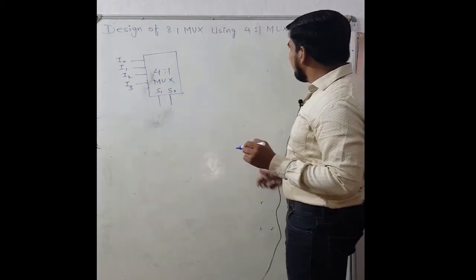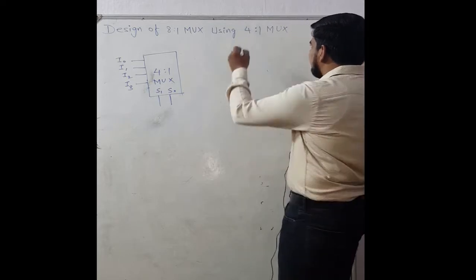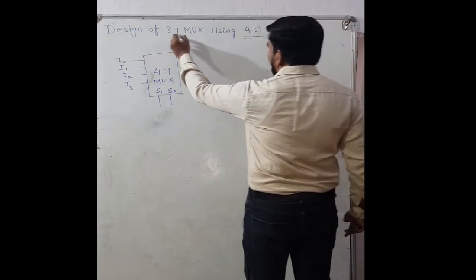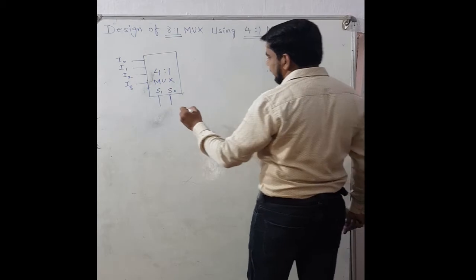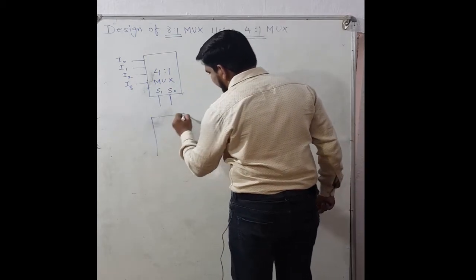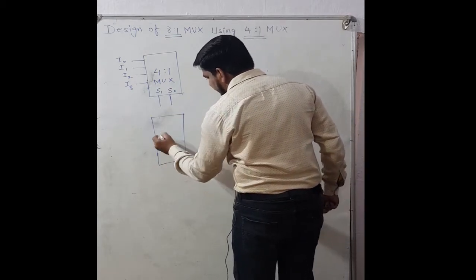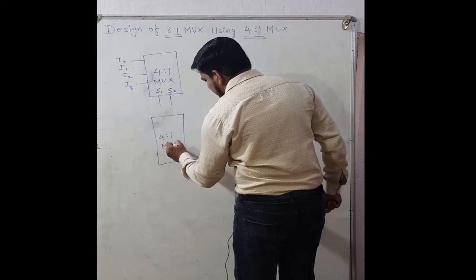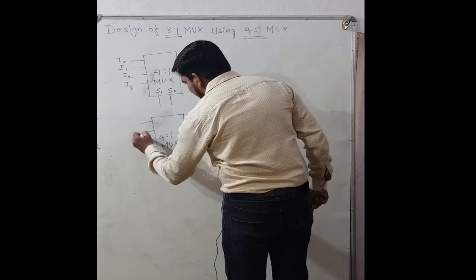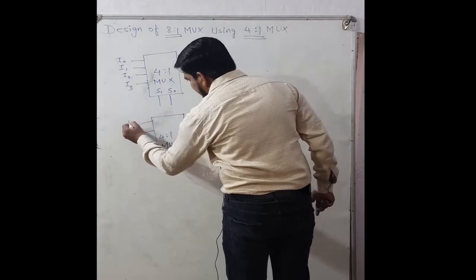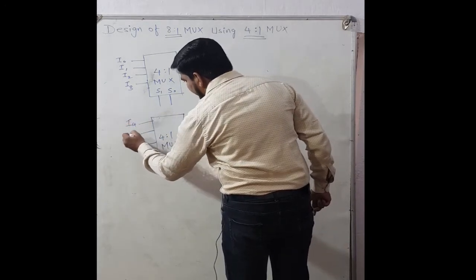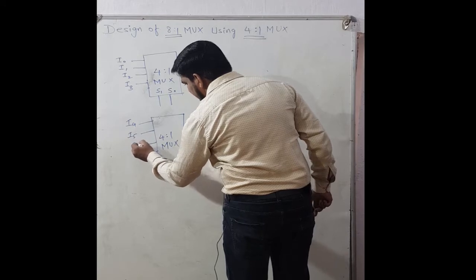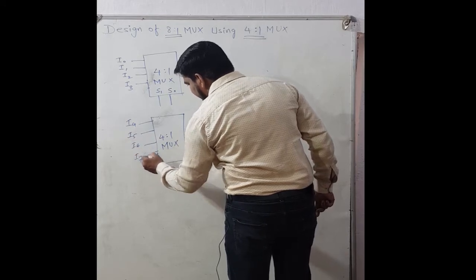We know that 2 4:1 multiplexers are required for designing of 8:1 multiplexer. So, one more 4:1 mux we need to write, having the next 4 inputs, that is I4, I5, I6 and I7.